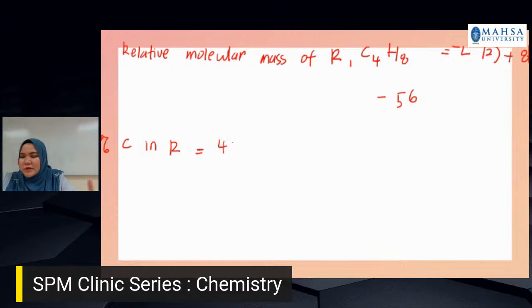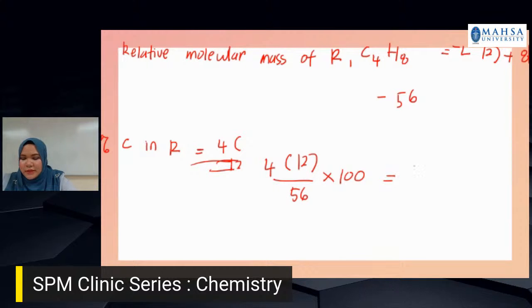So 4 carbon atoms times 12, divided by 56, times 100. So it will give you 85.71%.